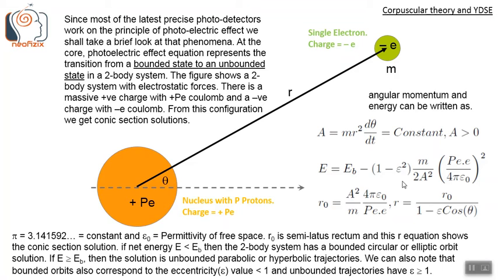For example, for a circular solution, epsilon is equal to 0. EB is m divided by 2A square into (Pe times e divided by 4 pi epsilon naught) whole square, where Pe is the charge on the nucleus, e is the charge on the electron, pi is the constant 3.14 something, and epsilon naught is the permittivity of free space. So E can be written as this expression here.